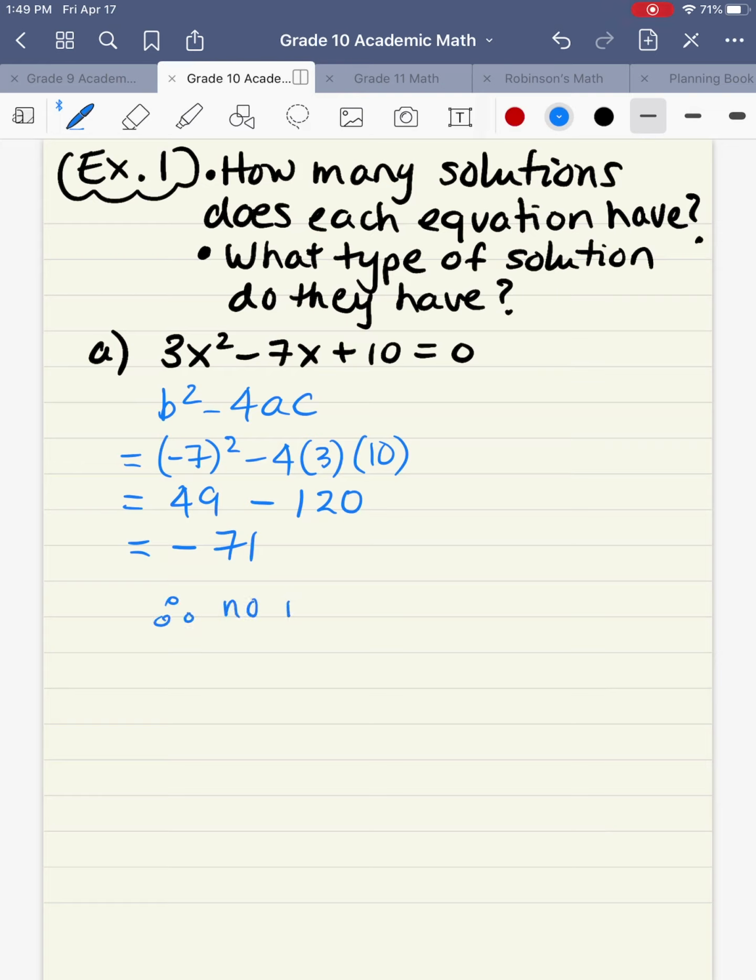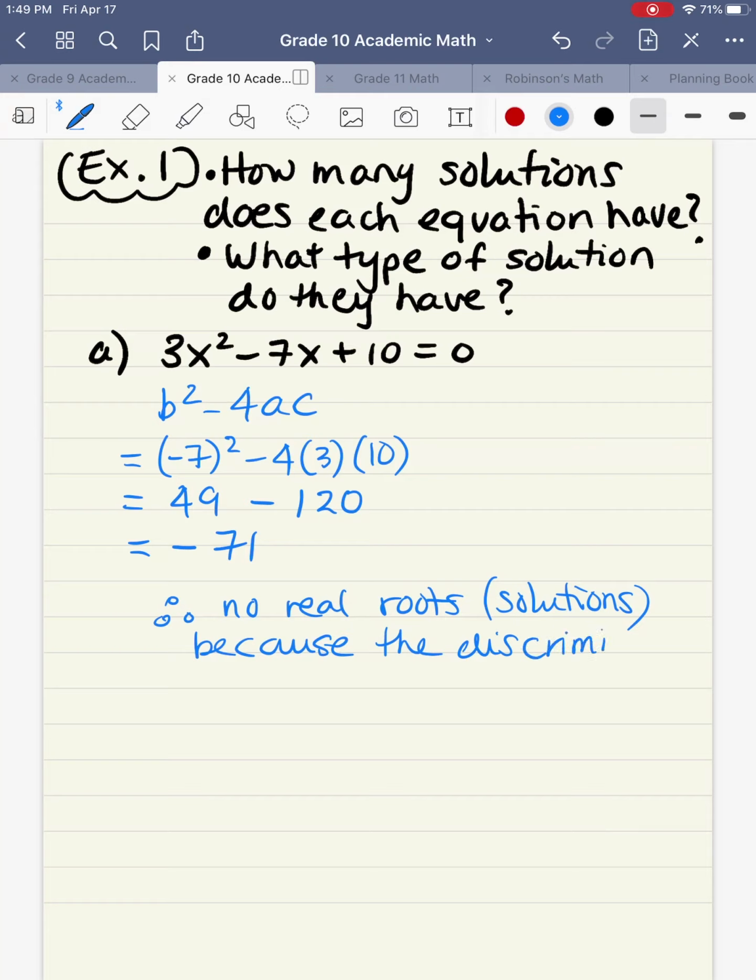Therefore, no real roots, also referred to as solutions, because the discriminant is negative. If you are picturing a parabola, this is a parabola that does not have any x-intercepts.